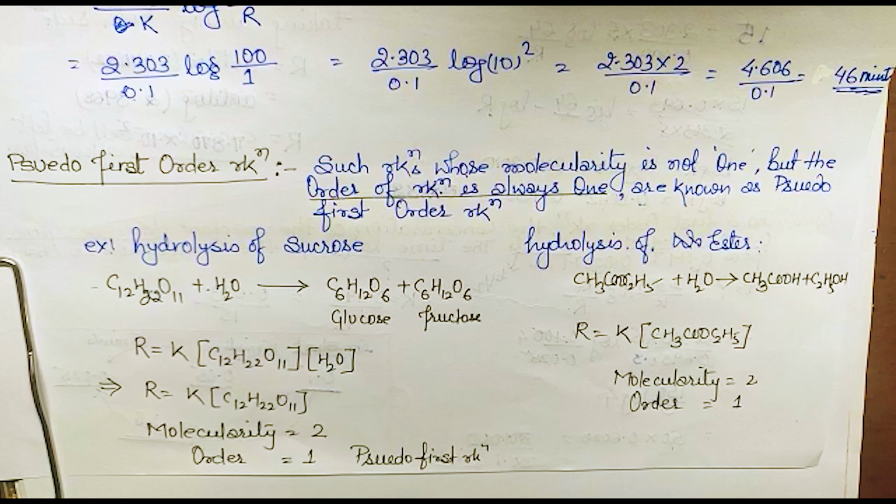Just keep in your mind, if any reactant or reagent is in excess, the rate of reaction doesn't depend upon that. So what will be the order of the reaction? 1 only, because it will depend only on the concentration of A, not on B, because B is in excess. Got it? But the molecularity will be 1 and 1, 2. Any doubt in this? So this is pseudo first order reaction.